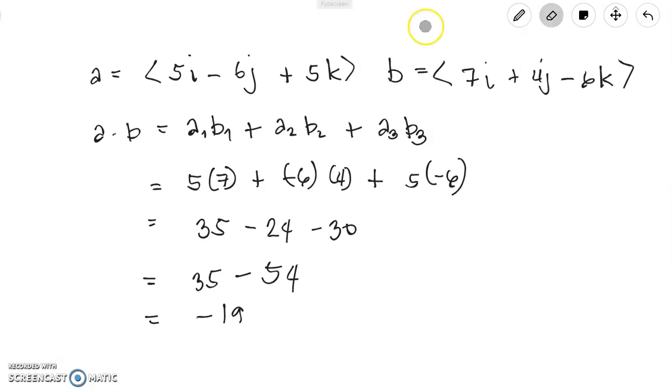Okay, so the next one, what if we have the angle between the two vectors?